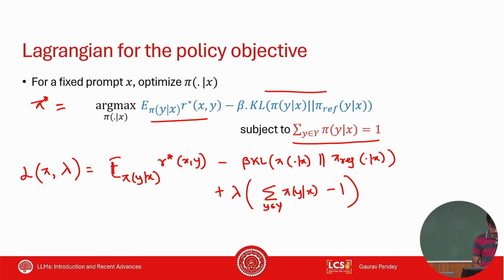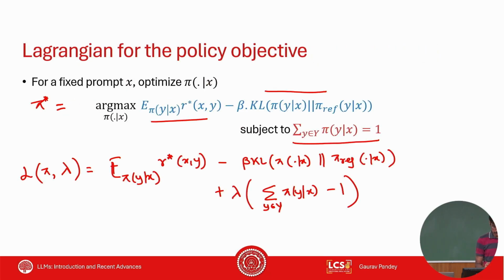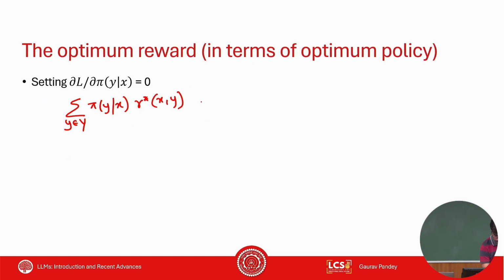So what is its partial derivative with respect to pi? Let's first expand the expectation and replace the expectation by a summation. So the expectation over pi of y given x can be written as summation over y belonging to the set of all possible responses, pi of y given x, into r star of x comma y. Is this fine? Next, writing the expectation as a summation. The second KL term also can be written as a summation. Any idea what it will look like?